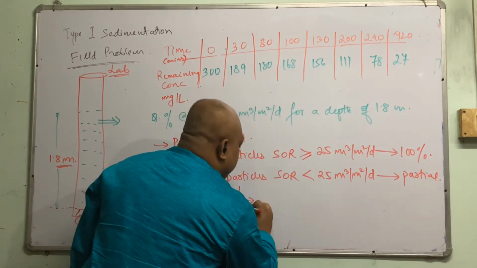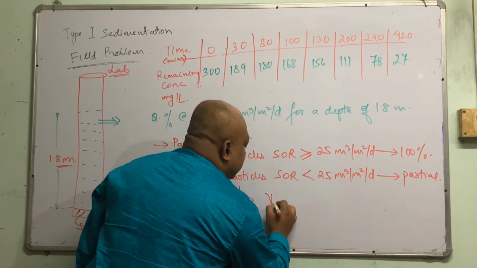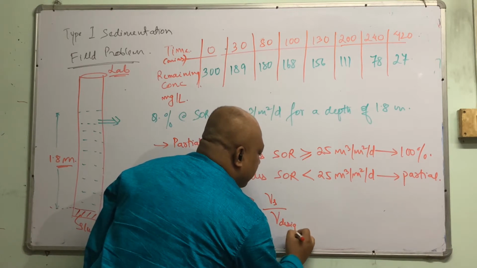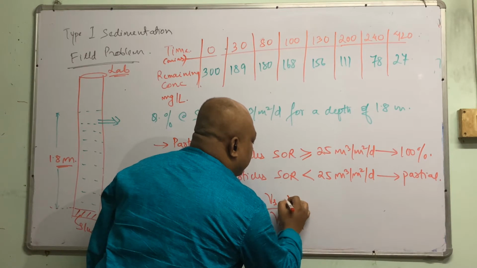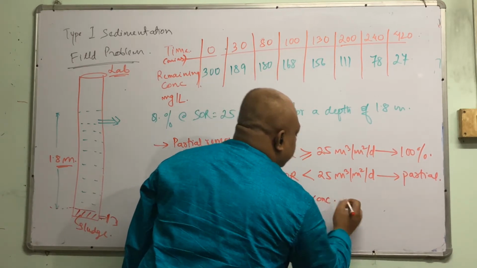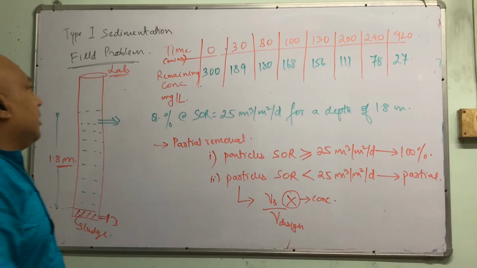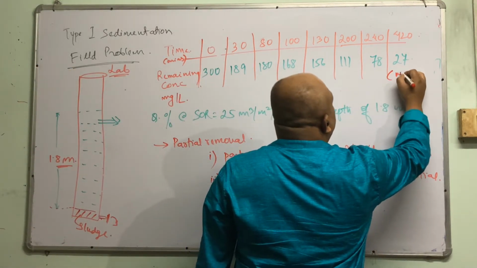And this partial removal is settling velocity divided by design velocity, multiplied by its x or del x, where x means its concentration. That's what we did in the last class. Now using this method, we are going to do it. But one thing, let's see over here, the unit of this one is in minutes.